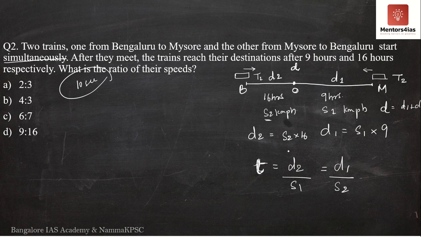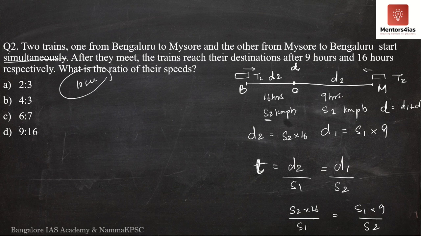Now I'm going to substitute D2 as S2 into 16 and D1 as S1 into 9. So what am I going to get? I get S2 into 16 divided by S1 is equal to S1 into 9 divided by S2.